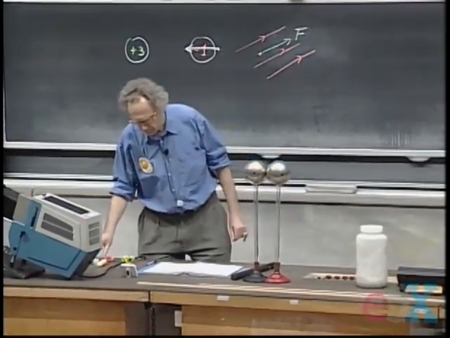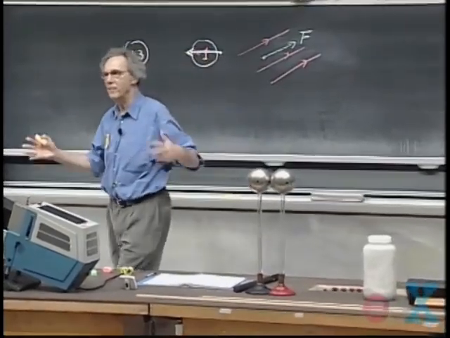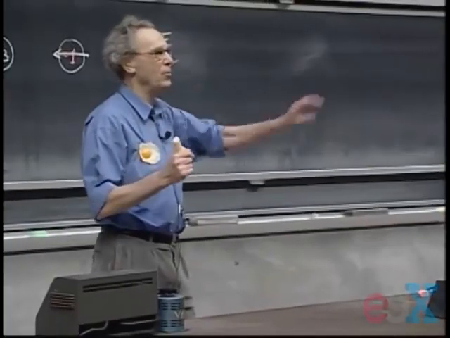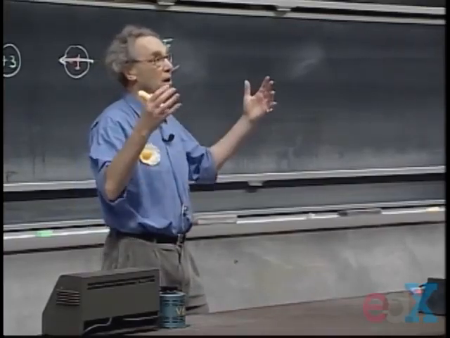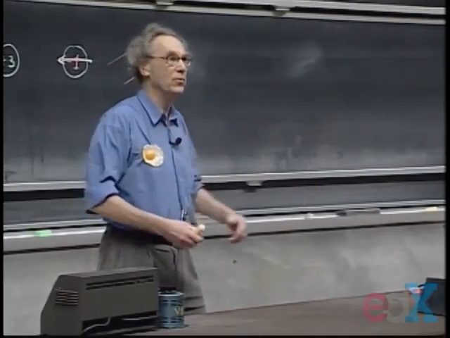In a similar way, if we think of the Earth as having a gravitational field, with 8.01 we may never have used that word gravitational field, but in physics we think of gravity also being a field.